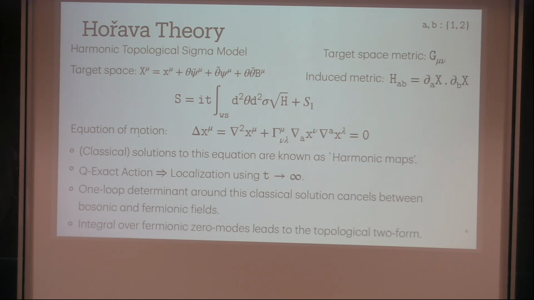Effectively you take t to infinity, and you can show that the one loop determinants around this classical solution cancel between the bosonic and fermionic contributions, and the non-zero modes cancel out, but the zero modes will stay, and the integration over those zero modes will reproduce the expansion coefficients in the large N expansion.